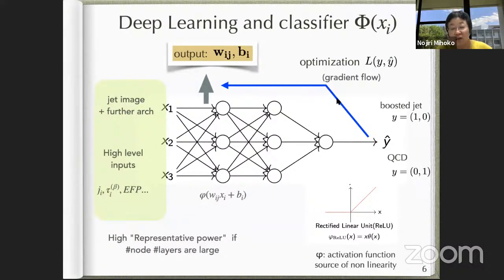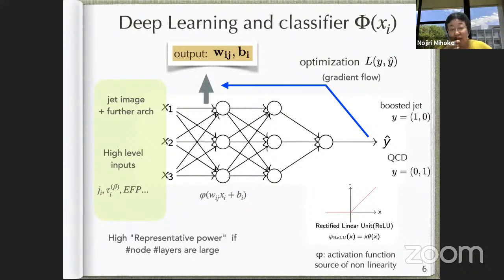Then you have an optimization process. You define a certain function, and you minimize this function by using gradient descent, so that y hat is very close to 1 if it is signal, and y hat is very close to 0 if it is a QCD-like event.